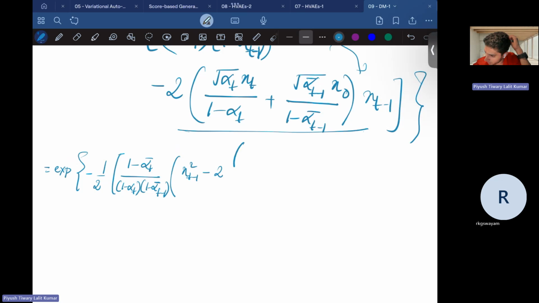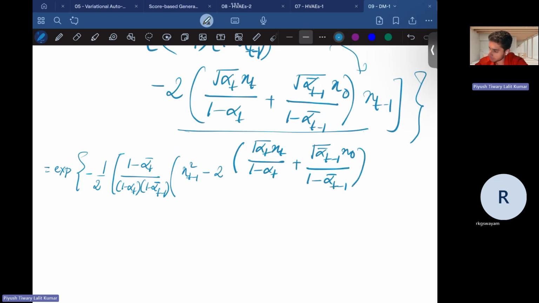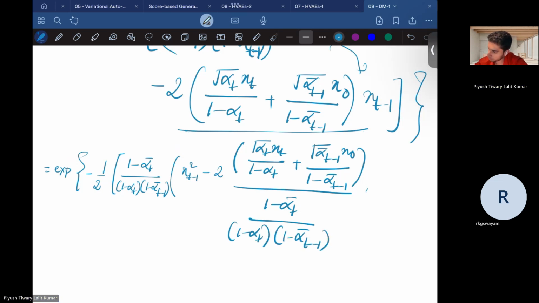The numerator is square root of alpha t xt divided by 1 minus alpha t, plus square root of alpha t minus 1 bar x naught divided by 1 minus alpha t minus 1 bar. This is the numerator. And what will be the denominator? Whatever we have taken out. So that will be 1 minus alpha t bar divided by 1 minus alpha t into 1 minus alpha t minus 1 bar, times xt minus 1.